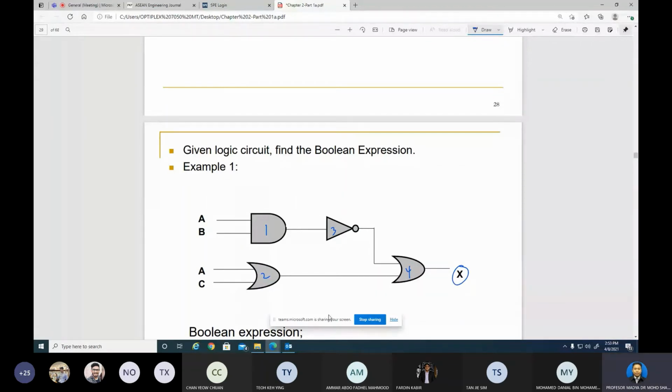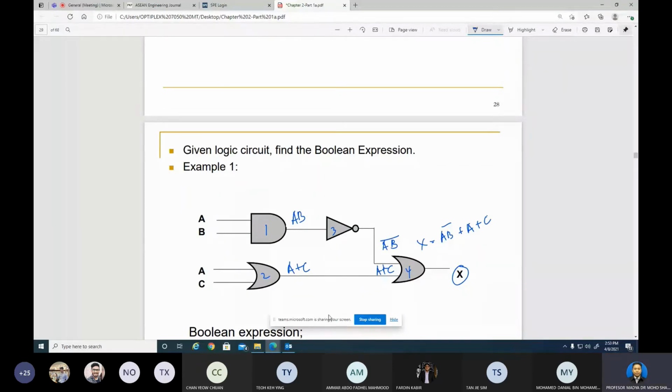The output here you can write as A B, this one A plus C. So this one will be A B bar, and this one here will be A plus C. So automatically A B bar plus C plus A plus C. This is the answer for the output X.